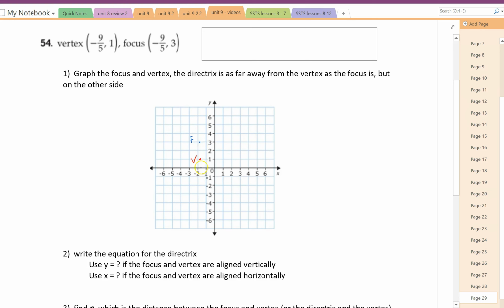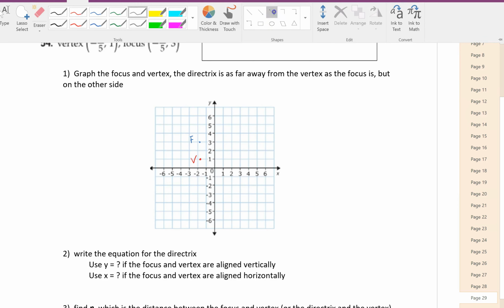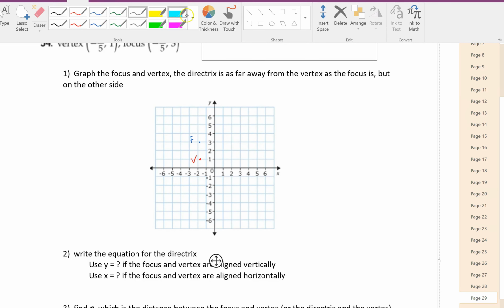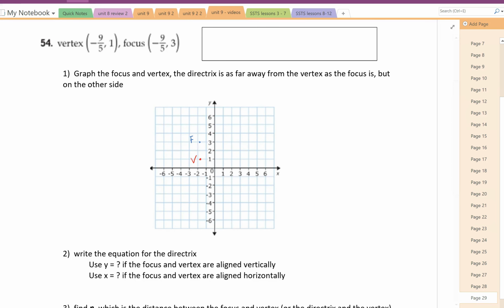So the directrix is going to be 2 units below the vertex. So the directrix would be down here at y equals -1. So there's the directrix. I'm going to actually do that in a different color since that gray is not really showing up.